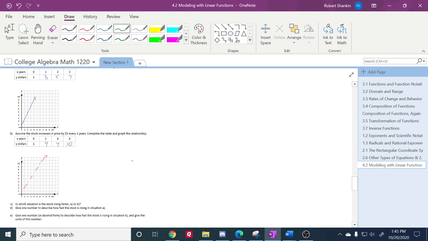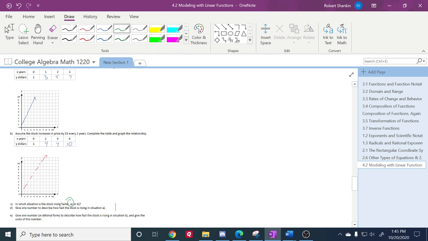A is rising faster. So now give one number to describe how fast the stock is rising in situation A. 1. And you're going to say the one number is 1? Yes, M equals 1. M equals 1, okay?